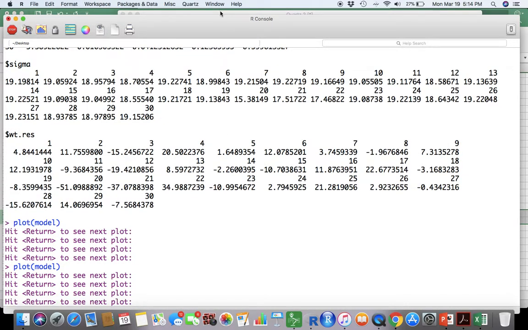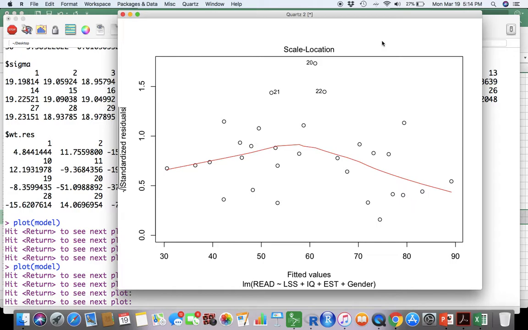All right, one more. This is the scale location. The scale location is just another way to take a look at equal variances. Ultimately, we want this red line to be horizontal. Considering this is sample data, this red line doesn't deviate much from a horizontal line. And again, across levels, we want the deviation from that red line to be mostly equal.